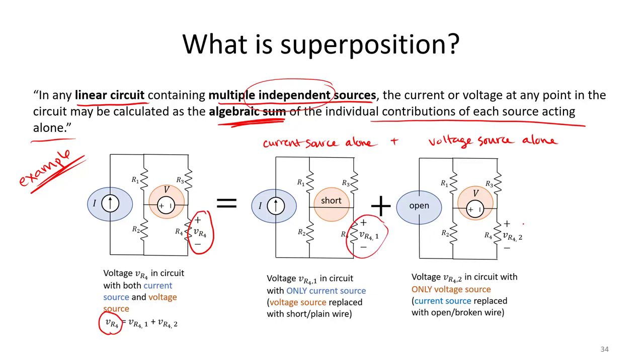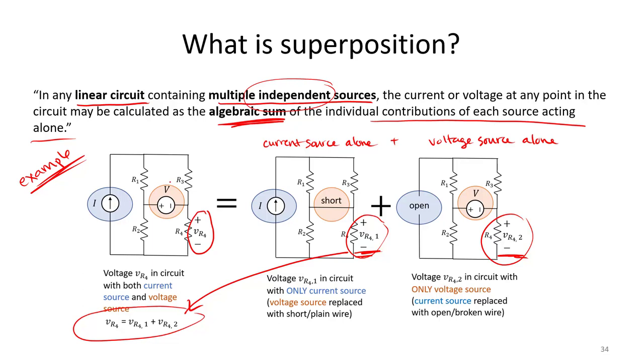And notice I solve for the voltage across that resistor in both cases, and I can sum. I can take the algebraic sum of the voltage across those resistors with each source alone, to get the total voltage across the resistor with both sources combined.